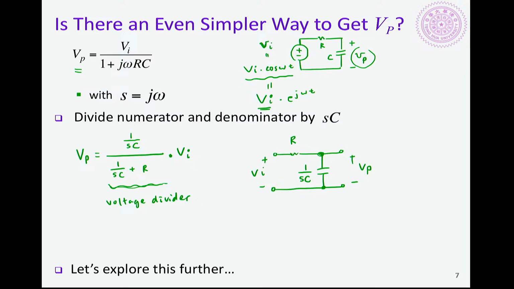Okay, so last time we discussed that when we have a sinusoidal source, it's easier to convert it to its complex representation, VI, which is complex amplitude times exponential j omega t.